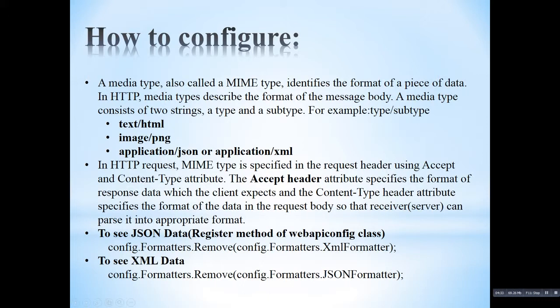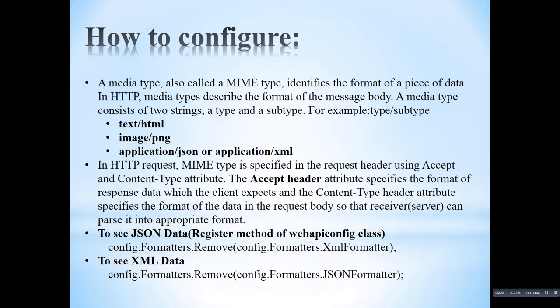And the Content-Type header attribute specifies the format of the data in the request body so that the receiver can parse it into the appropriate format. So if we are specifying the content type as XML, then the receiver or server can parse the data in the appropriate format.